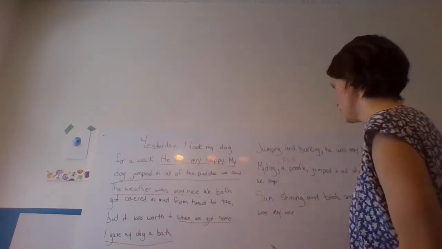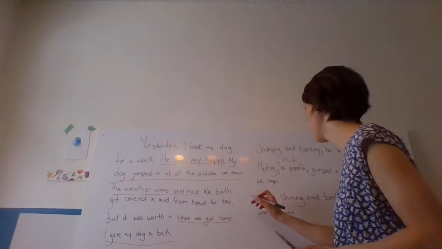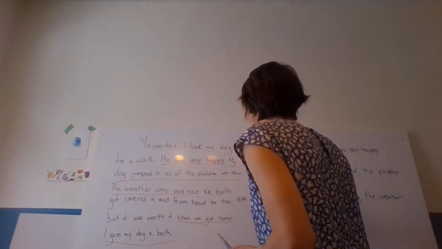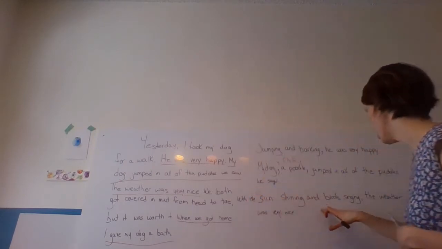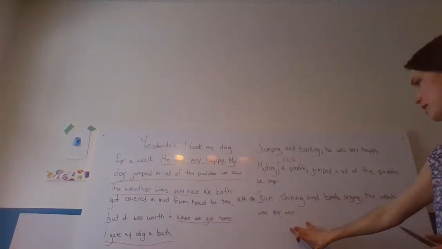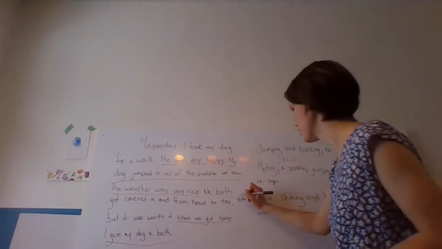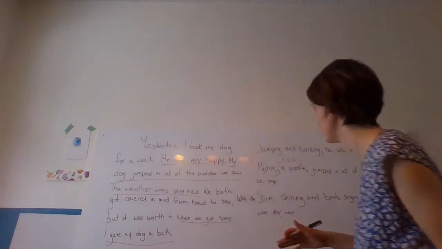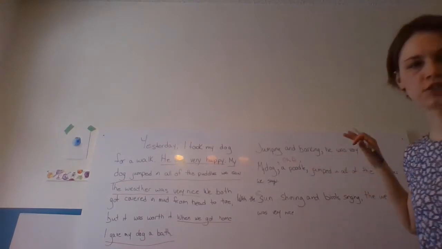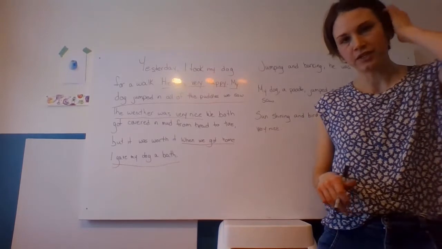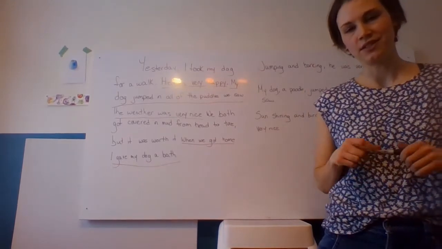Now in this case, to make it a proper sentence, we'll say with the sun shining. With the sun shining and birds singing, the weather was very nice. Sometimes even when you're doing your editing, you just edit your edits, right? And that's okay. It's all a work in process. You want to see that sometimes the sentences aren't just perfect right when they go on the paper.